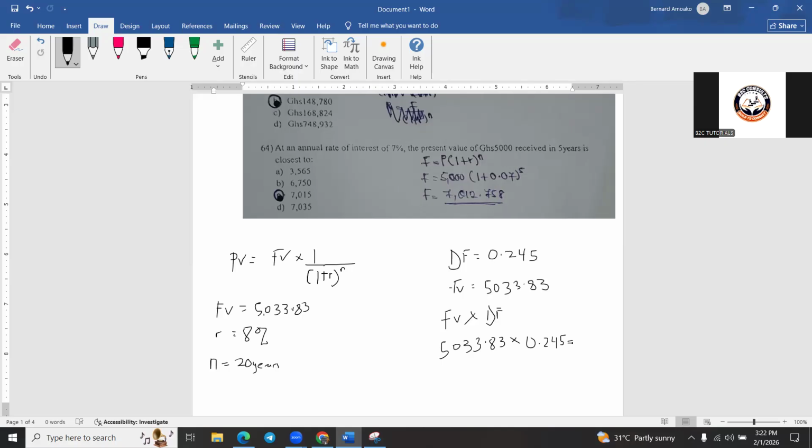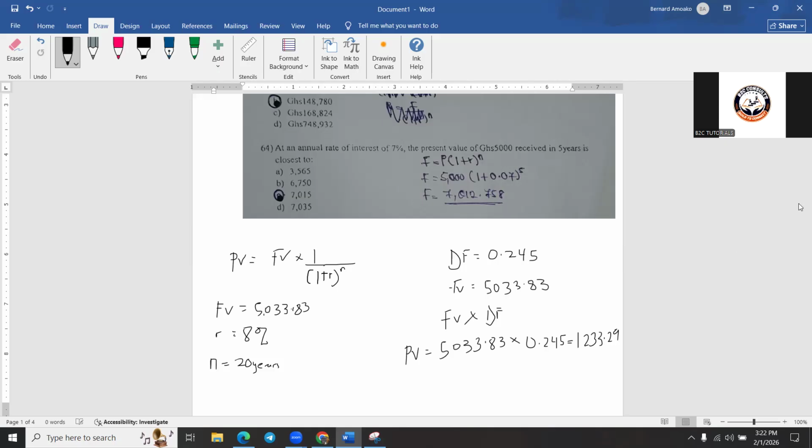That is 1233.28. Now this gives me my present value using the table.